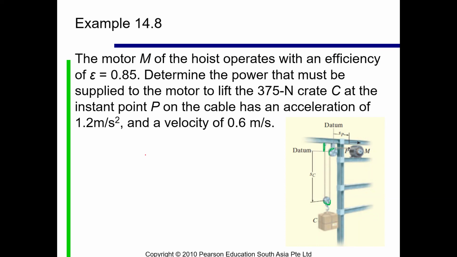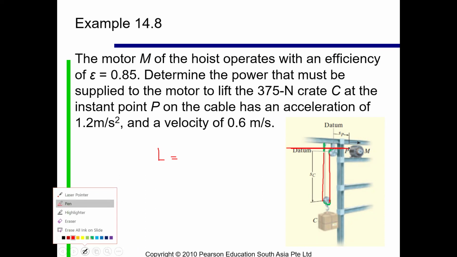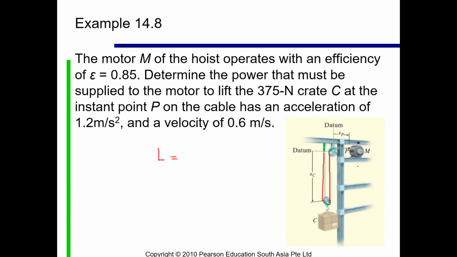This is again the topic of absolute motion analysis, and we solved several problems in that session. Similar one. The total length would be equal to, what should I write? The total length is the one that I'm highlighting now. 2SC, then plus 1 SP, is equal to the total length.